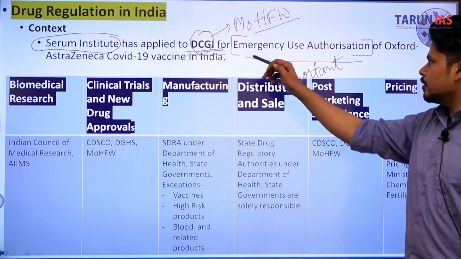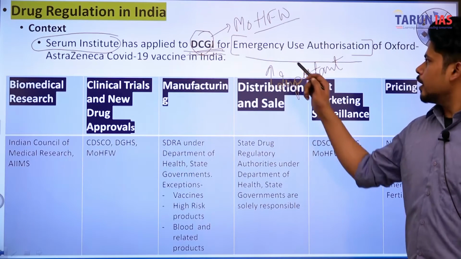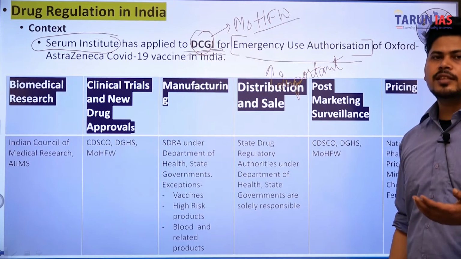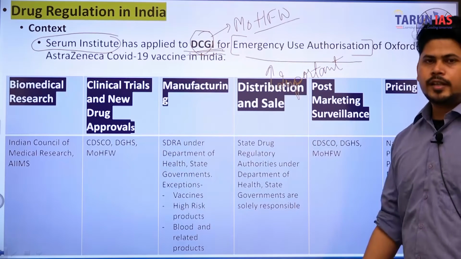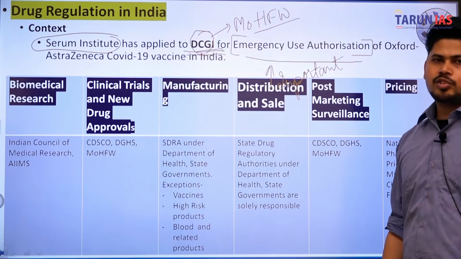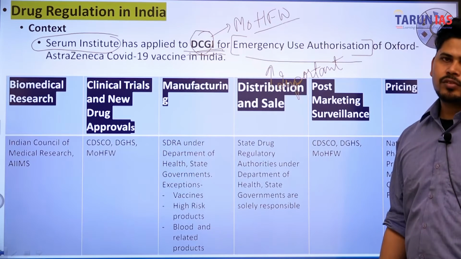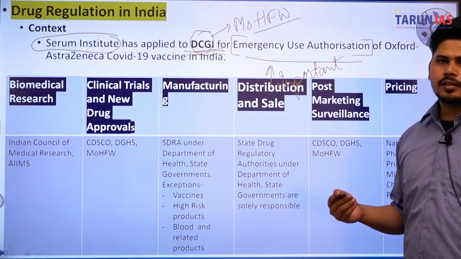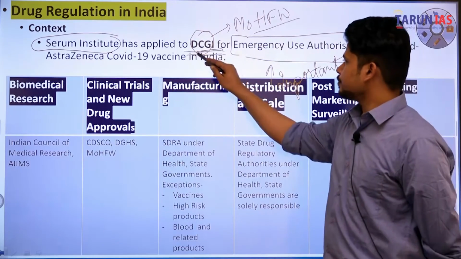Still, these companies have applied for emergency use authorization, so that the vaccine they have been developing for COVID can be used on the general population. Usually it takes at least 1 year for a drug to be certified, but this is a case of emergency, so they have applied to the DCGI.